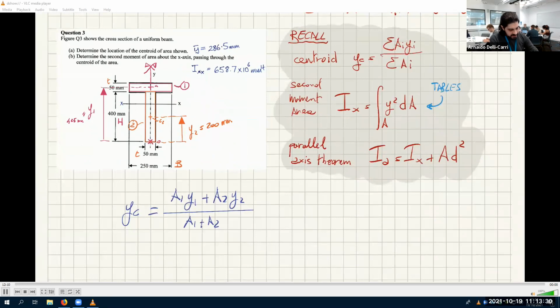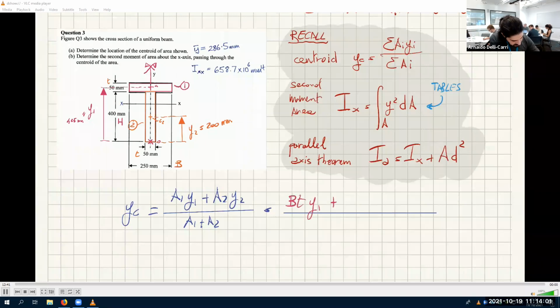So that means that YC, expanding this one, we get the area of rectangle 1, which is capital B times T, times Y1, which is a number. All of these are numbers.